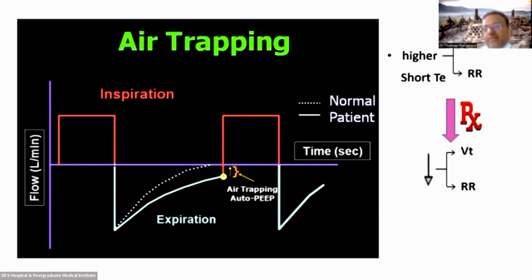So the treatment is, we need to lower the tidal volume, reduce the respiratory rate, and increase the expiratory time, because the whole problem in COPD is there's not enough time for the carbon dioxide to come out. We need to provide more time for this carbon dioxide to come out to prevent this dynamic hyperinflation.